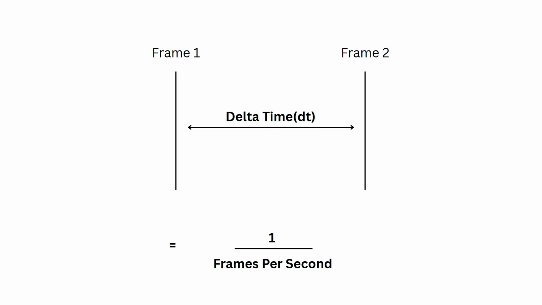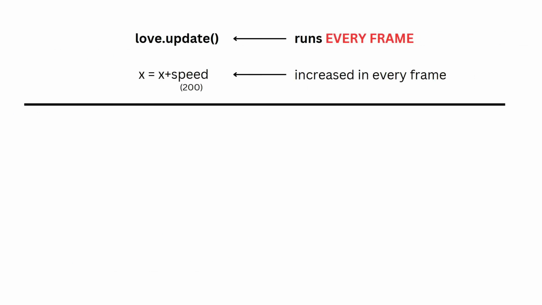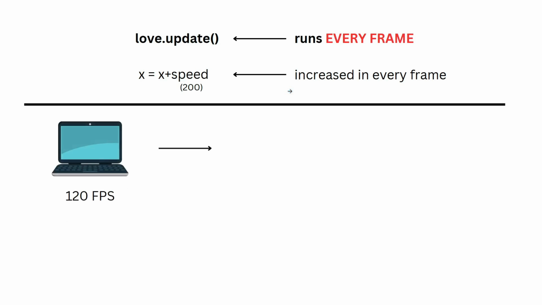Now when we add our speed to our x value inside the love.update function, what will happen is, since love.update runs every frame, the speed value is added onto our x position value in every frame. So on a computer running a game at 120 fps, the speed value is added onto our x value a total of 120 times. So the x value will be increased by 24,000 times each second.